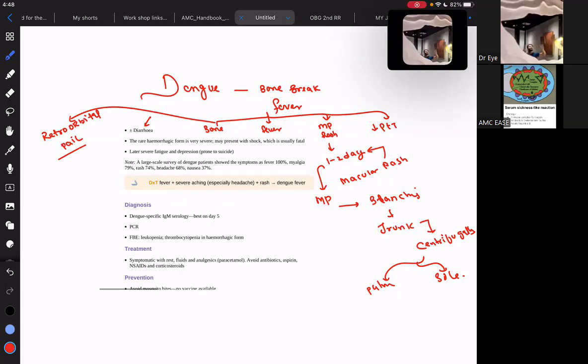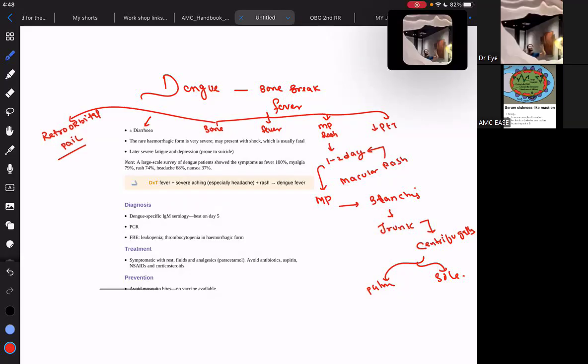There was a patient. He came with the retroorbital pain, and he was not aware that his body temperature had been raised. He was just mentioning that I have a very bad retroorbital pain. It seems like there's some kind of nail or a splinter inside my eye.